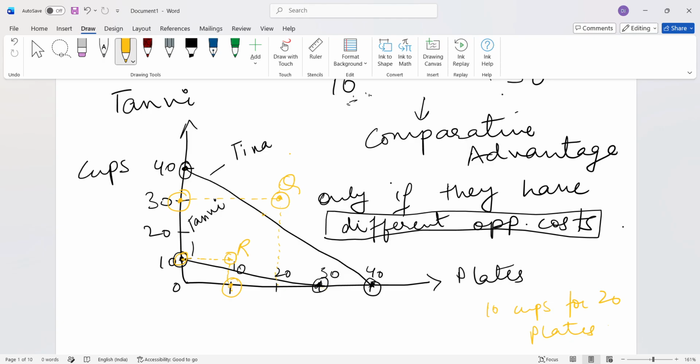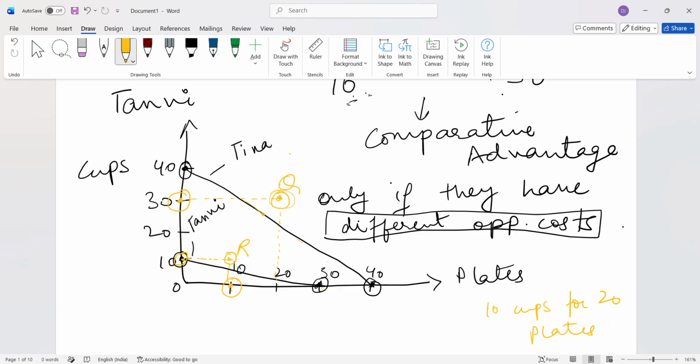With the limited resources, they would have been on this production possibility curve. But with trade, now they can consume beyond their production possibility curves or frontiers. So their consumption possibilities have gone up. And that's the beauty of trade. That's why countries trade, because then they go beyond their production possibility curves. Their consumption possibilities basically rise.